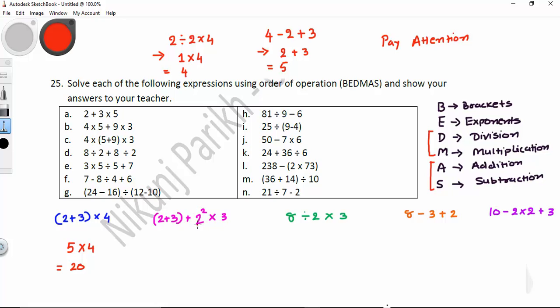Now you can see that there is a new expression over here which you might not have seen before. You have a bigger 2 and a smaller 2. And the smaller 2 is on the top of the bigger 2. This expression is called power. So let me write that down. When you have this kind of expression, it is called the power.